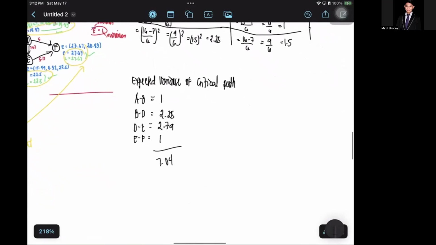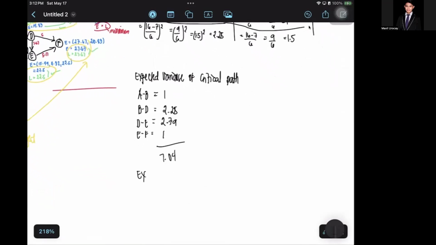Now, after calculating the variance, you have to get the expected standard deviation. Expected standard deviation of, I'm so sorry, my PC was just turned off. Okay, just give me a second because my PC just went off.